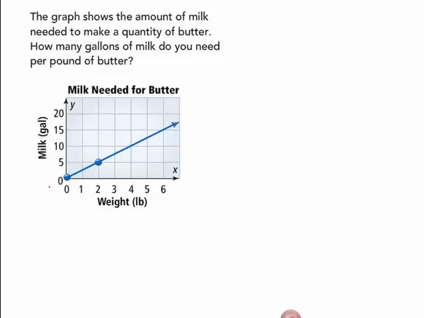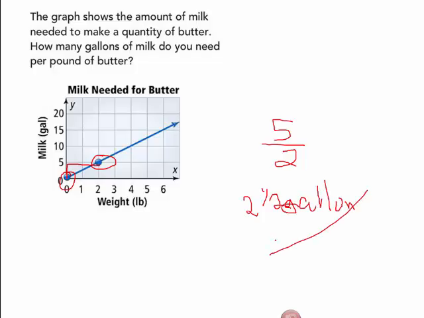Okay, so from here to here, I'm rising 5, and I'm running 2. So divide 5 by 2, you're going to get 2.5. So 2.5 what? Gallons of milk to make 1 pound of butter.